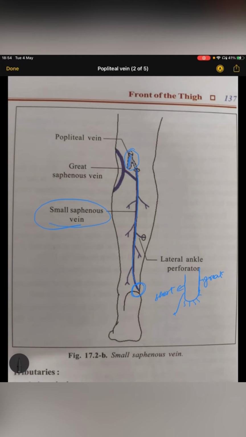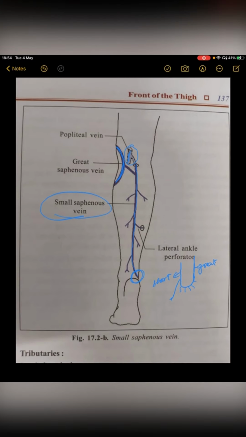And what I told you, that this great saphenous vein in the popliteal region ascends with a posteromedial course. So we are done with this discussion of the small saphenous vein. Along with this, we are done with our discussion of the superficial veins of the leg.